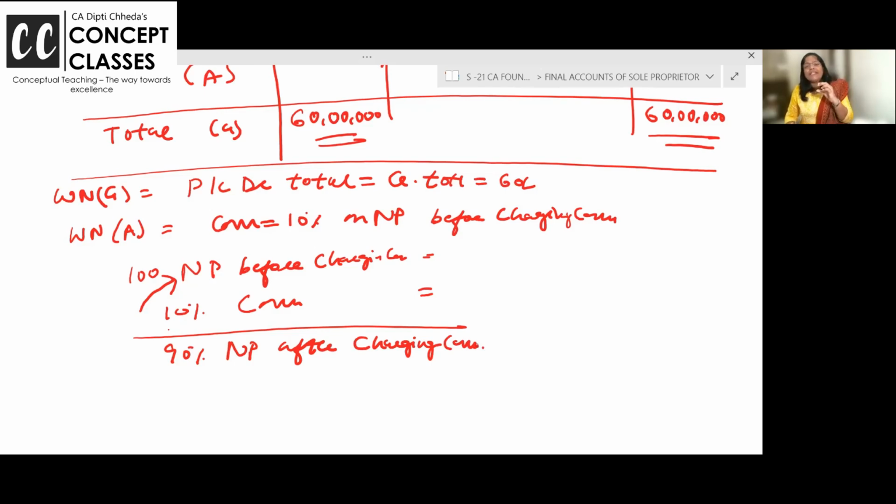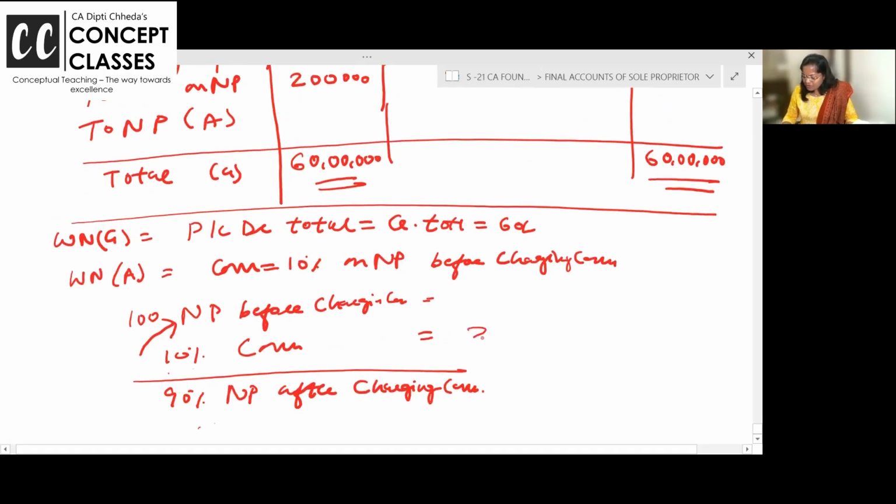Whatever the percentage is on, take that as 100. If 10% is on before, take before as 100 and 10, and this is 90. So now what is the net profit before charging the commission? We don't know. But commission is how much? 2 lakh and it is 10%.